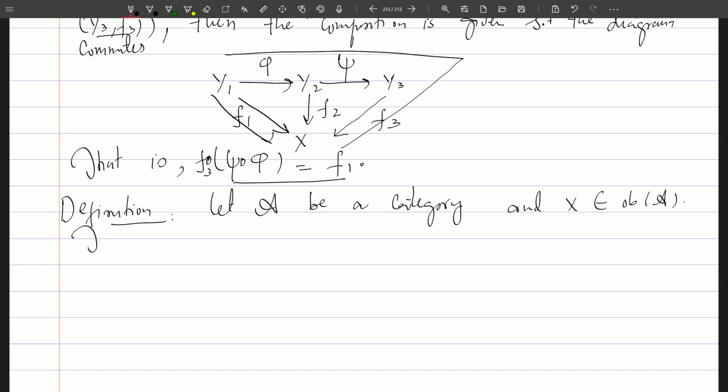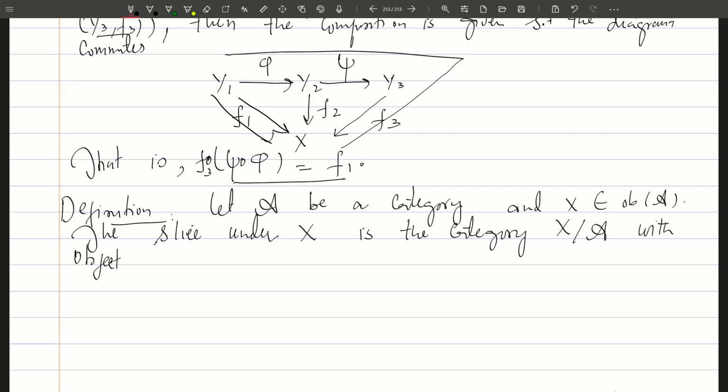Now the slice under X is the category denoted by X under A with objects y comma f, but now this f is a morphism which takes the object x to y.